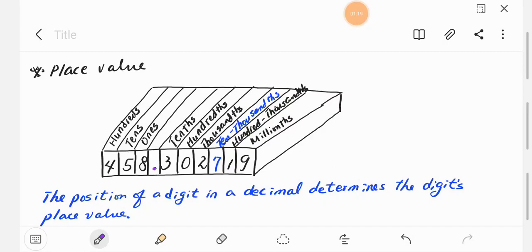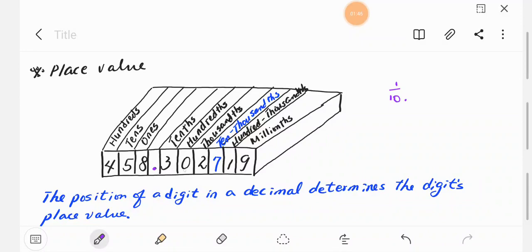We learned this in chapter 2. The first digit is the ones digit, then the tens digit, and the third one is the hundreds digit. But as you go to the right of the decimal point, the first digit is the tenths digit.